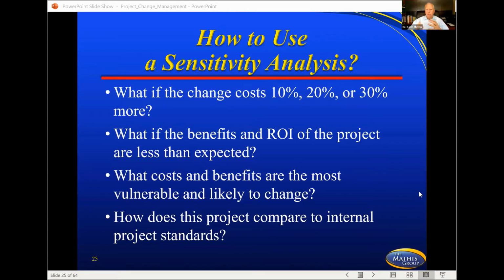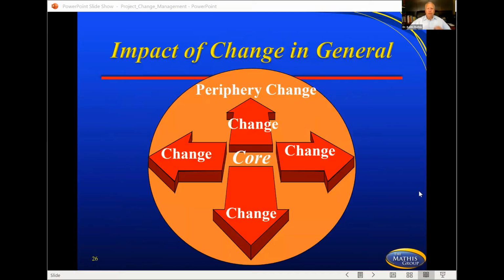So you're doing this sensitivity analysis and looking to see whether this is a realistic change or whether this change happens to be something that is way out in left field. Not that those don't happen and get approved, but you're looking to see, does this one make sense, or is this something that's really beyond the real scope of this project? Okay, so we'll do the sensitivity analysis.